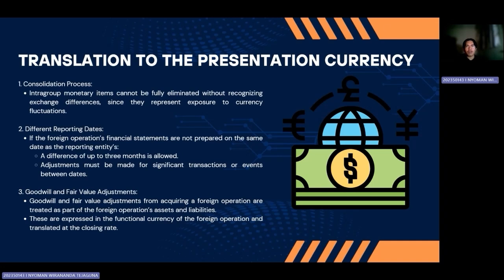Finally, when a foreign operation is acquired, any goodwill and fair value adjustments arising on acquisition are considered part of the foreign operation's assets and liabilities. Therefore, they are expressed in the foreign operation's functional currency and translated using the closing rate at each reporting date. This ensures consistency with the treatment of other assets and liabilities of the foreign entity within the consolidated financial statements.